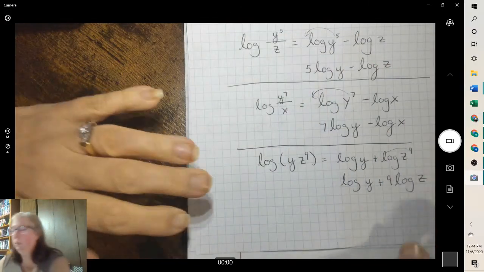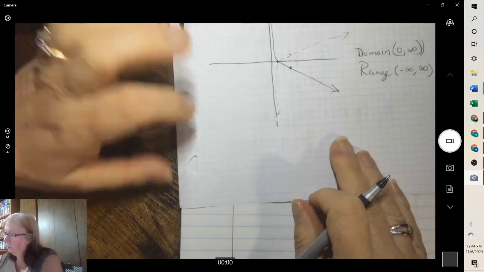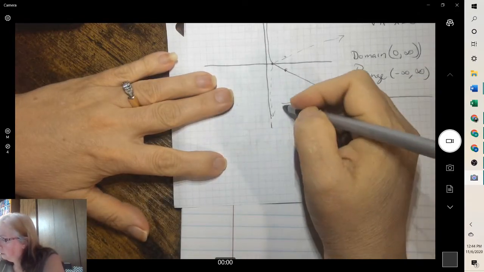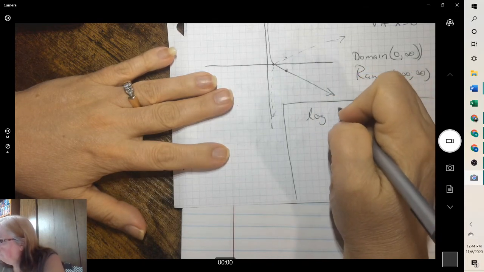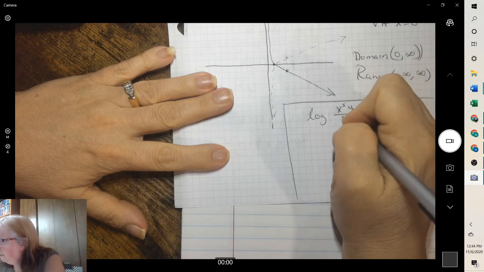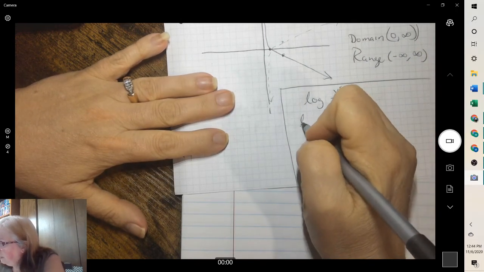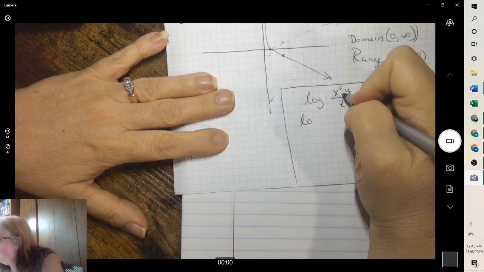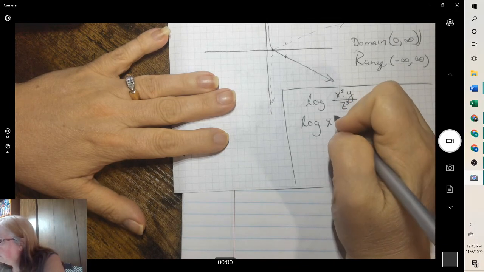Okay, let's do one a little bit harder. If we have log x to the 5th y over z cubed, and we're breaking that up. All right, log x to the 5th.